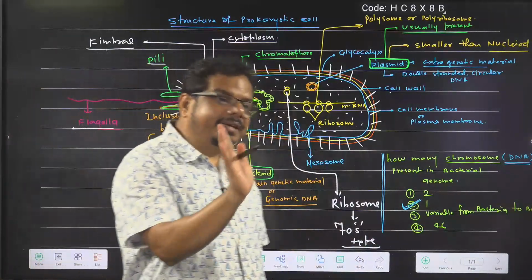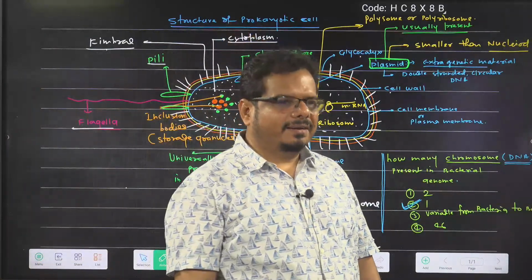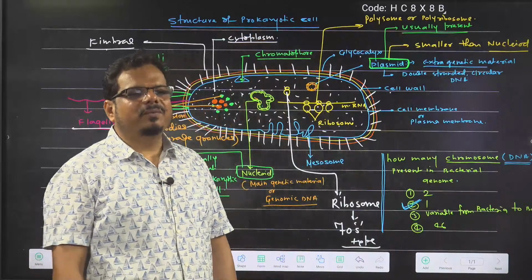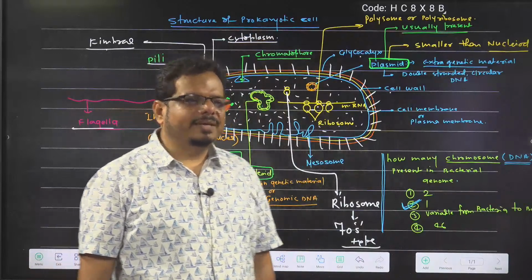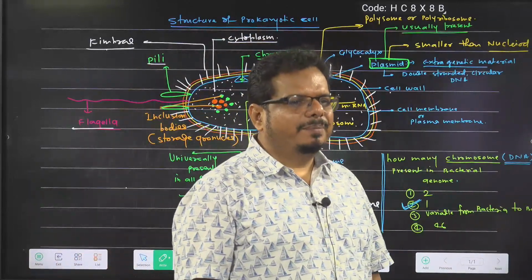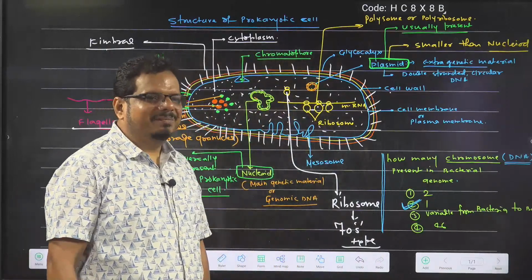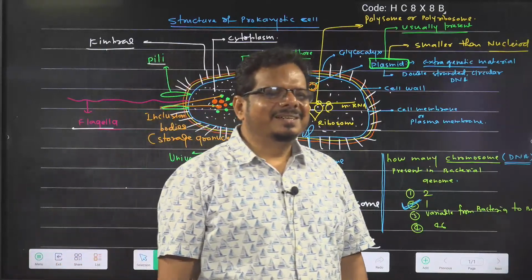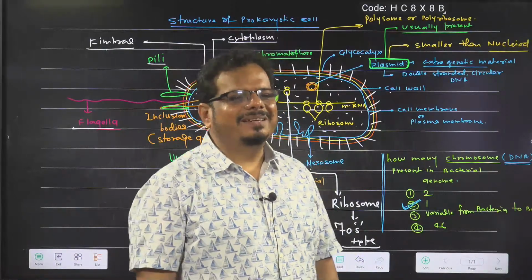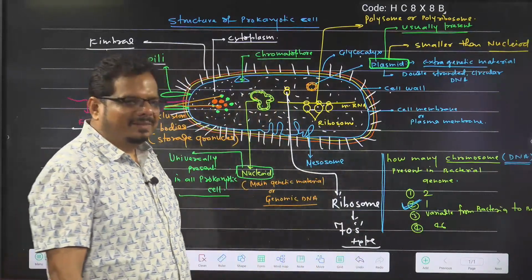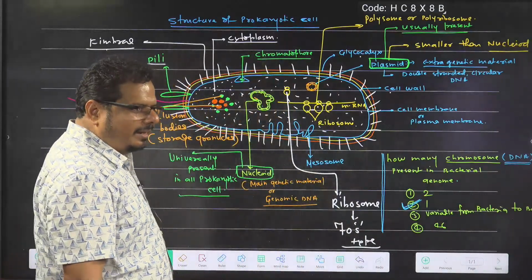What is 70S type? We will talk later when we discuss ribosome. What is 50S? What is 30S? Why 50 plus 30 not 80? Why do we call it 70? Many questions may be in your mind. But trust me, I will definitely answer later on.